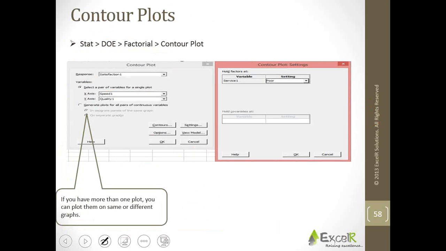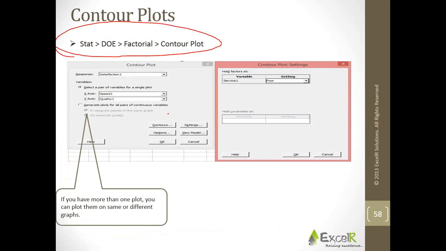So let us plot it and see. You just need to navigate, go to Stat, DOE, Factorial, and Contour Plot. Let me do that.